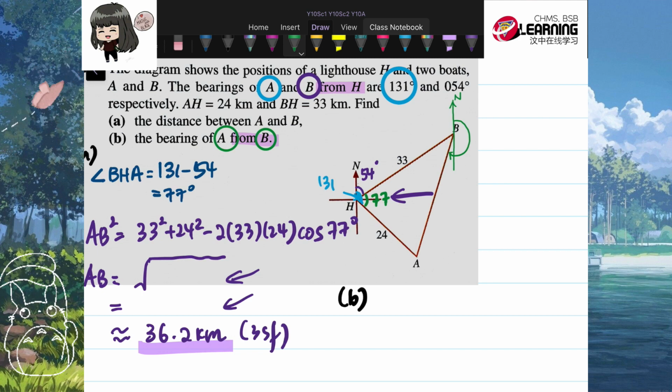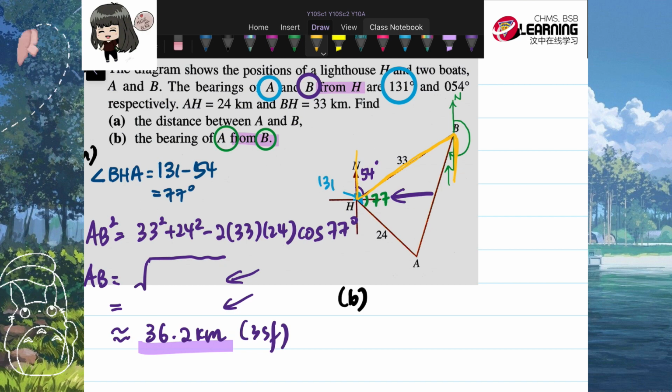First, you need to find this angle here. To find it, we look for the alternate angle. Here is 54, the alternate angle is 54, like that, until here.